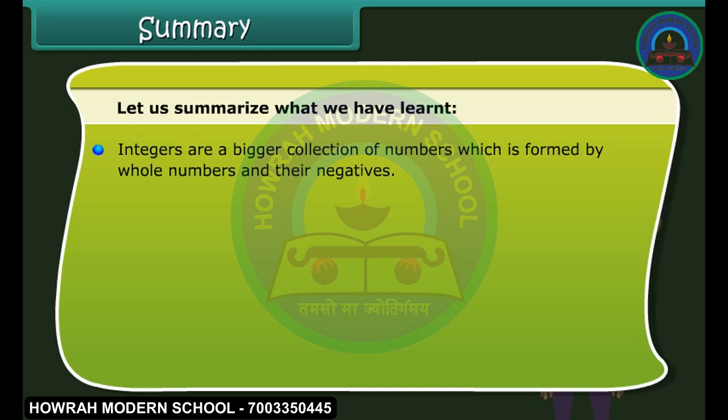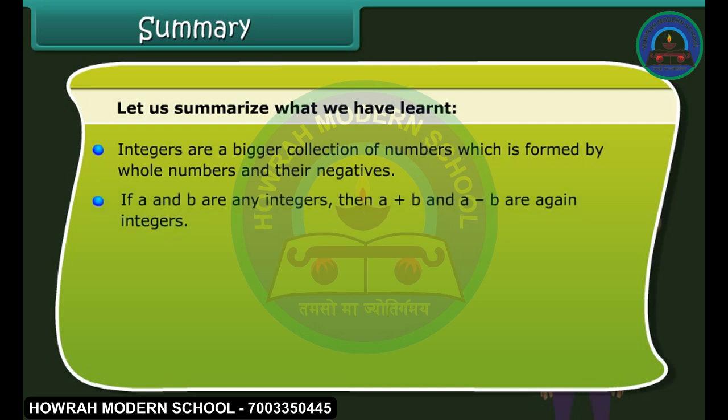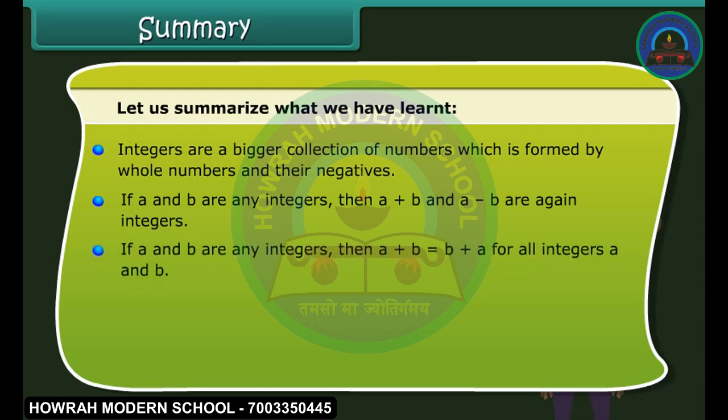Integers are a bigger collection of numbers which is formed by whole numbers and their negatives. If a and b are any integers, then a + b and a − b are again integers. If a and b are any integers, then a + b is equal to b + a for all integers a and b.